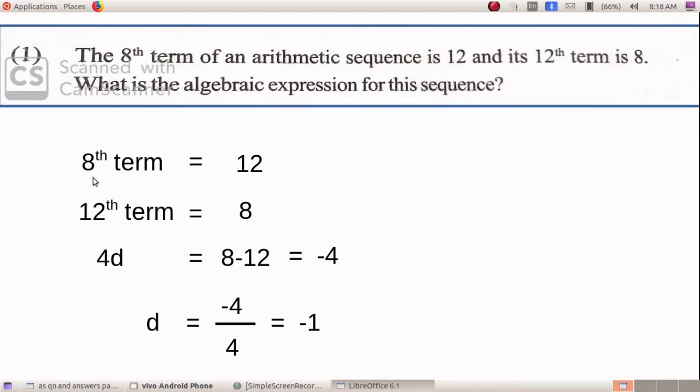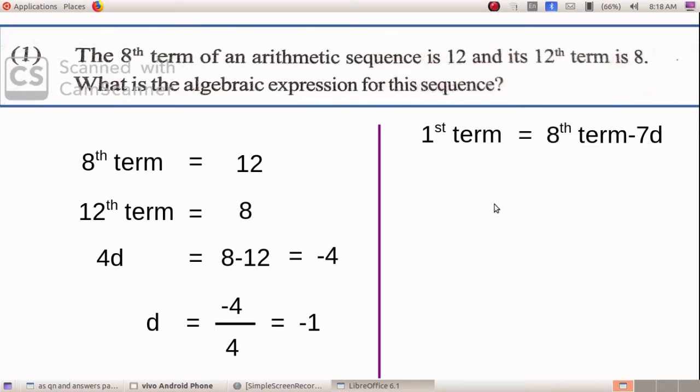That means from the 8th term we have to subtract 7 common differences. Therefore, first term is equal to 8th term minus 7d.